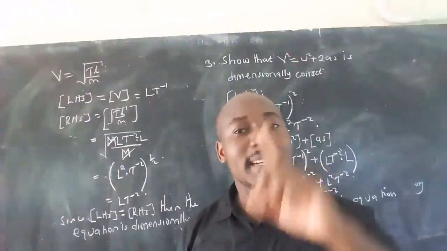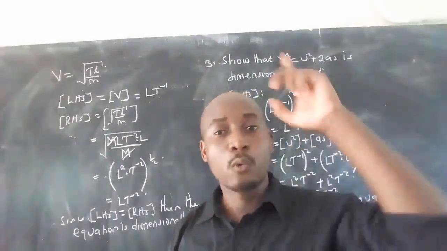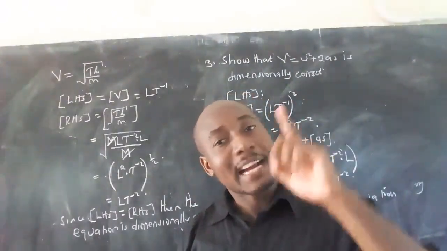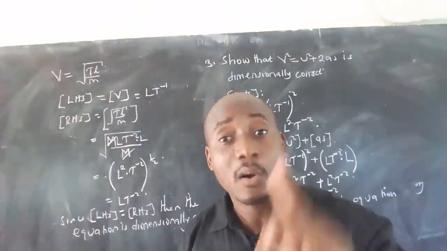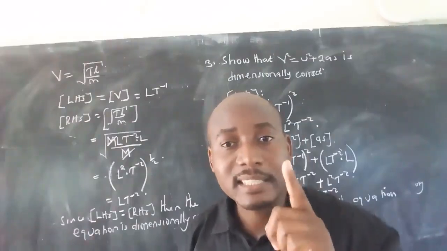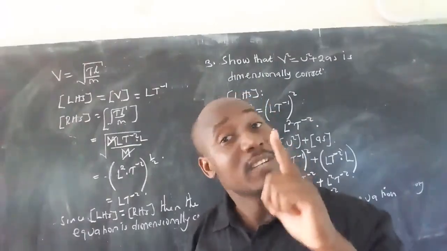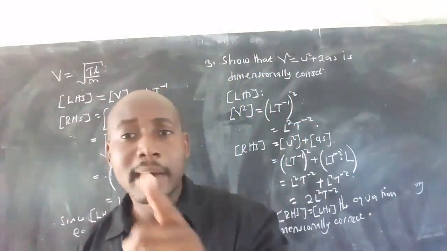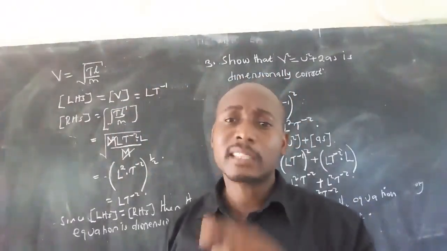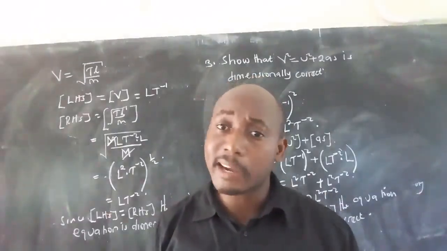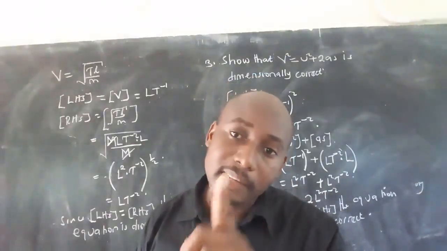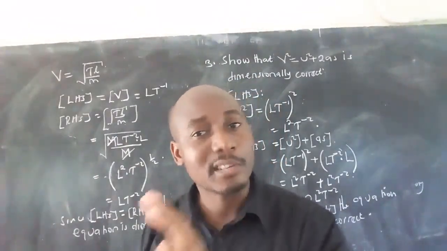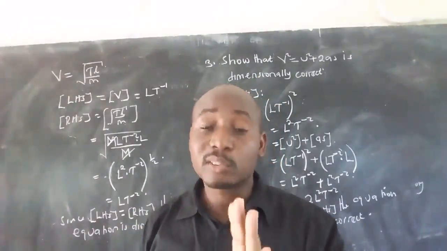Therefore, we add or subtract quantities which have the same dimensions. However, we can multiply or divide quantities of different dimensions or different units. You cannot add time and length, you cannot add mass and length. But you can multiply time and length so that you get centimeter second or centimeter per second, etc. So take note of that.